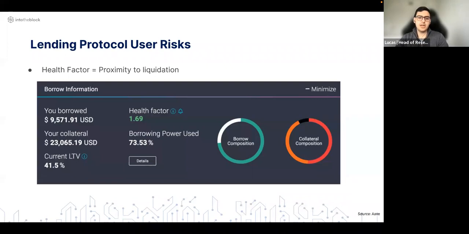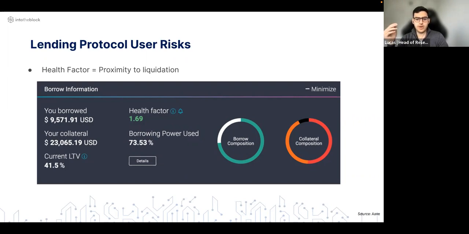Now, diving into lending protocols, there are risks at different levels: on the user level, the market, and the protocol. Starting from the top, users, the main risk is getting liquidated in a lending protocol. So Aave came up with this metric called the health factor, which effectively means how close you are to being liquidated.